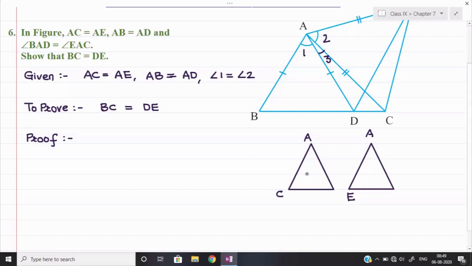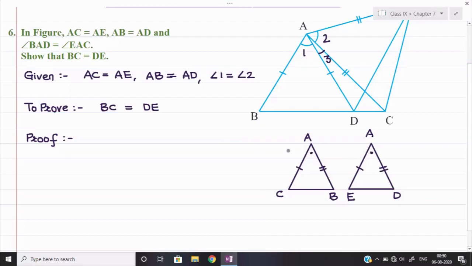So suppose I mark this one as B and this I mark as D. So AB and AD are also equal, right? Now look at the angles. Angle number one is actually angle BAD. But if I consider AB equal to AD, and AC equal to AE, because it is given in the question to me, then I need this angle and this angle to be equal.